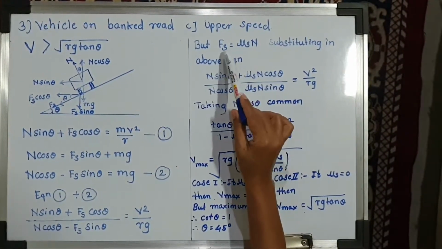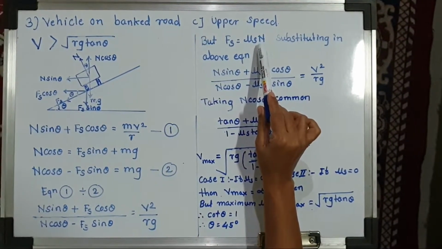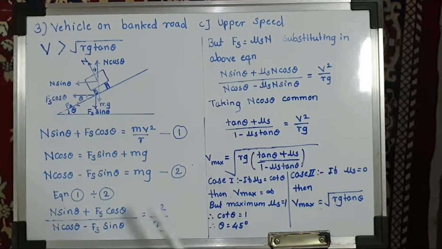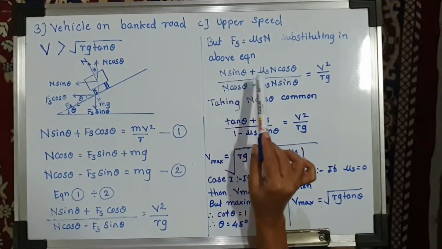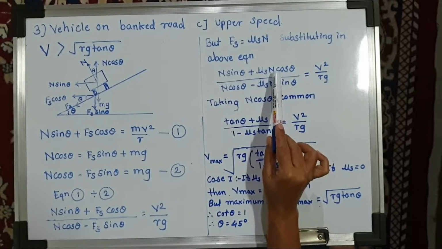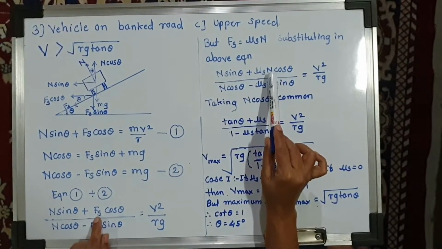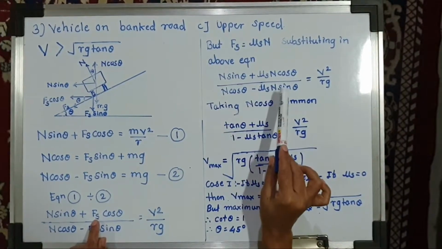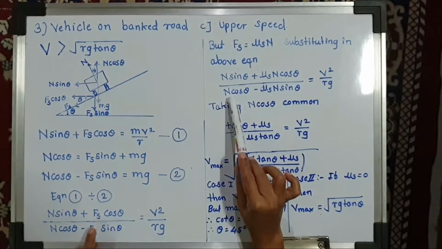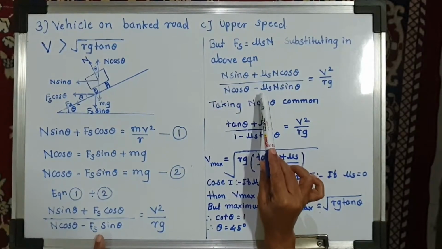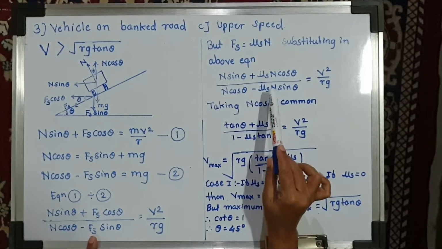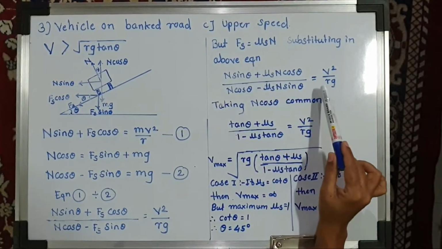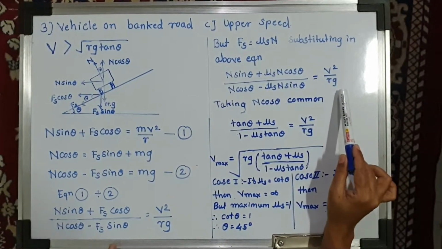But fs equals mu s into N, and substituting this in the above equation, N sin theta plus mu s into N cos theta, divided by N cos theta minus mu s N sin theta, equals v square upon rg.